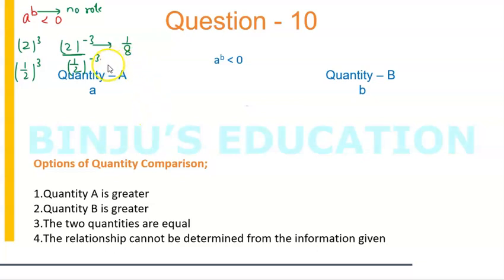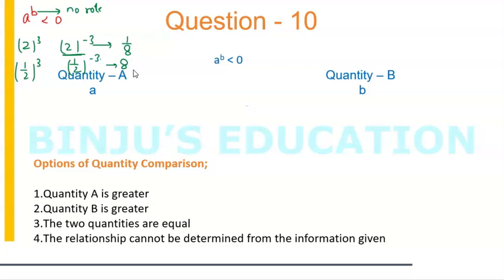It is simply equal to 8, because again you will invert it. The inverse of half is 2. So the point is, even if you have a negative power, you will simply have to take the reciprocal of the expression.